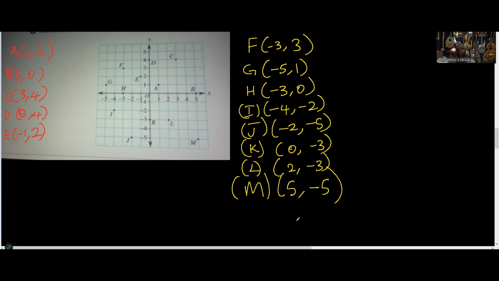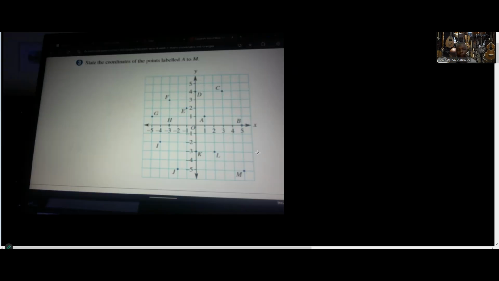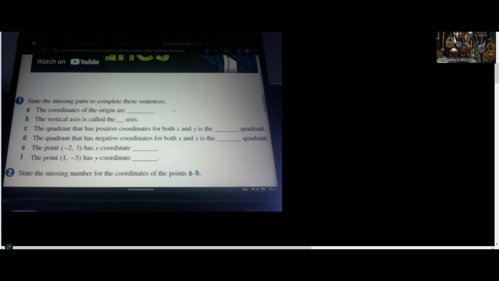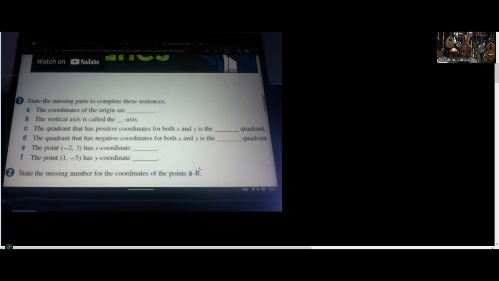Okay, and the third one, let's see what you get on the third one.